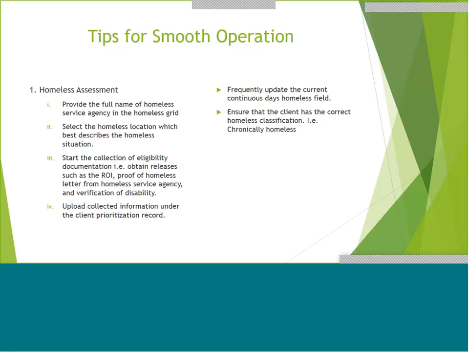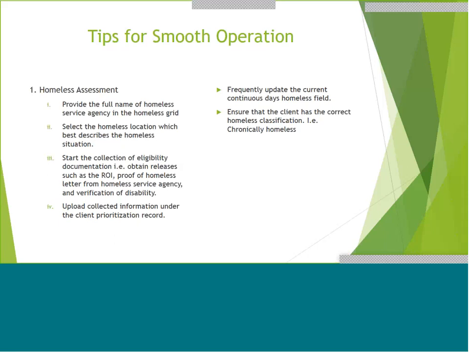So if the client mentions that they have a disability, it would be good to start to obtain the verification process. But just to clarify, if that client does not have documentation at the time that the assessment is being completed, they'll still continue on with the assessment.